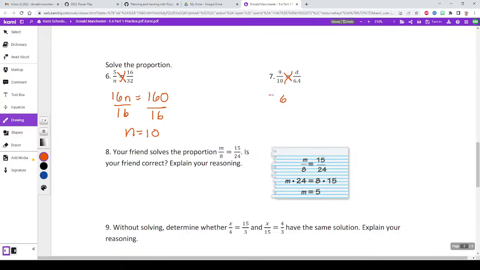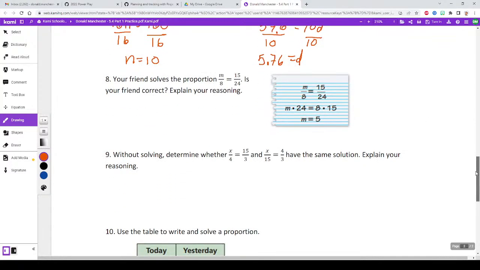Carry the 3, that's a 7, and that's 50. There we go. Equals 10d. We divide both sides by 10, and so we get d equals 5.76. I'm just going to double check here to make sure because I scare myself sometimes. Nope, I'm right. All right.